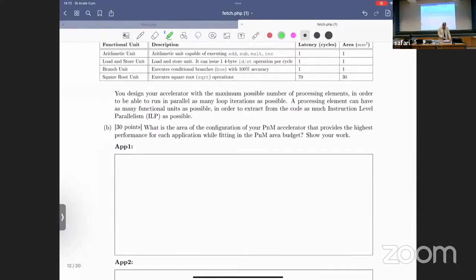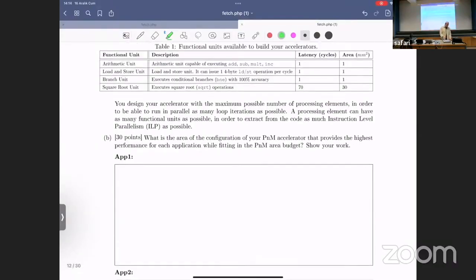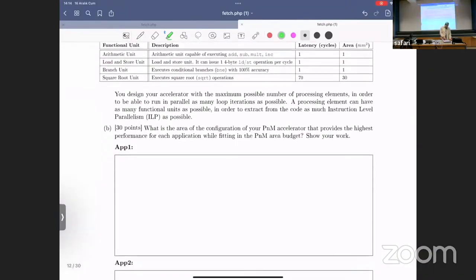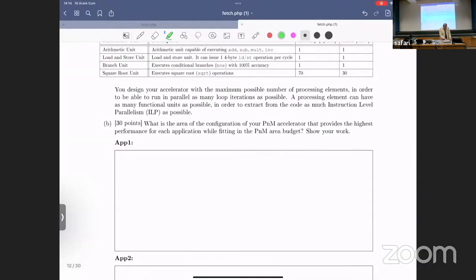You're going to design this accelerator with the maximum number of processing elements that fits in the power and the area budget that you have for the PIM accelerator. The first part asks what is the area of the configuration of your processing accelerator that provides the highest performance for each application fitting the processing-in-memory budget.